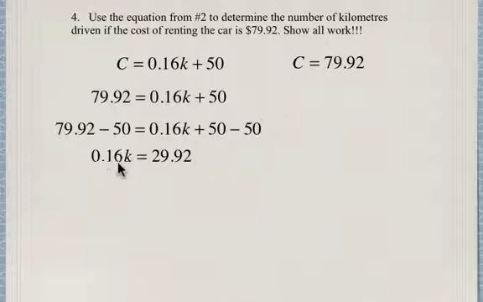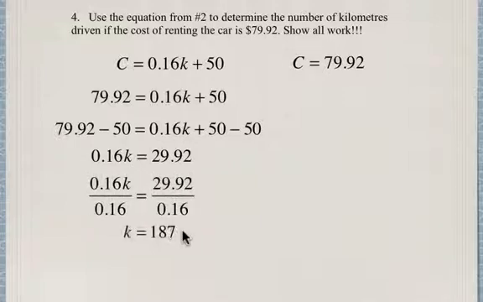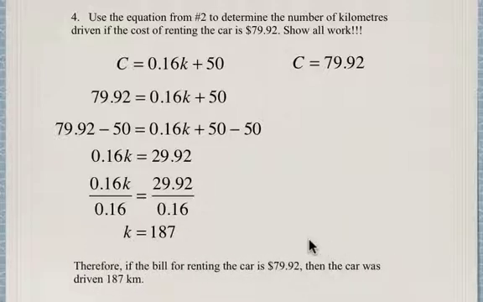Now we have to get rid of the 0.16, and this is a multiplication, so we use the opposite operation and divide both sides by 0.16, and we get K is equal to 187. And we need a therefore statement. This means that if the bill for renting the car is $79.92, then the car was driven 187 kilometers.